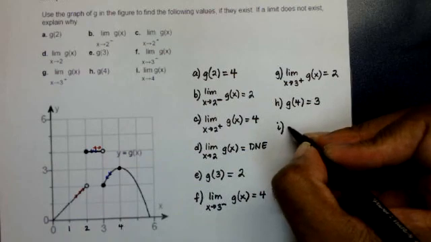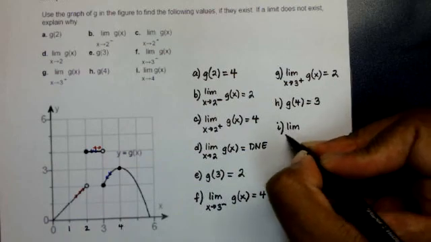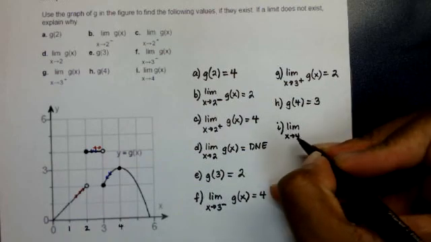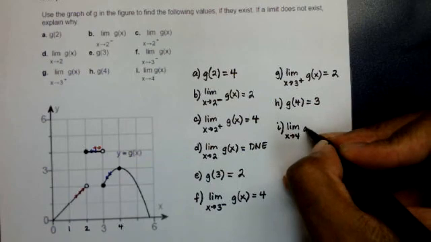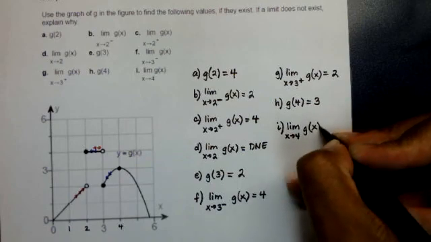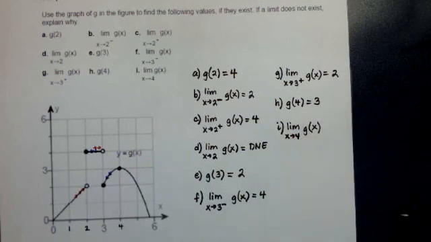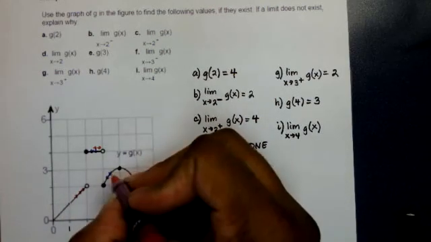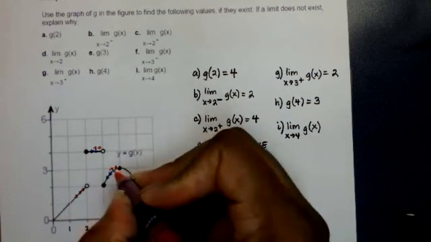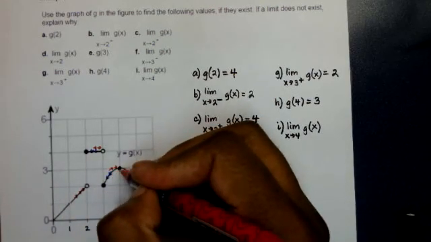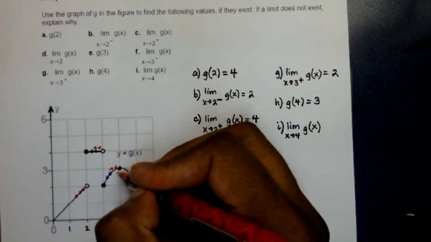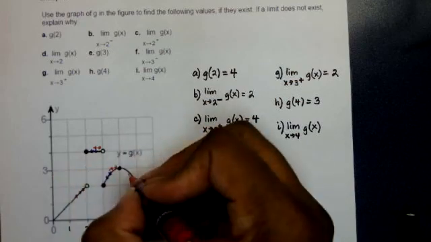And then finally, part I, the limit as x approaches 4 of g of x. Well, if we go to the left of 4, you'll see that the value of g of x gets closer and closer to 3.